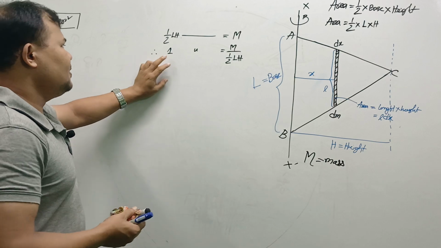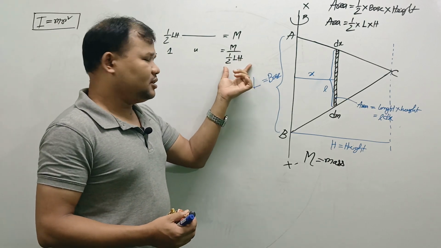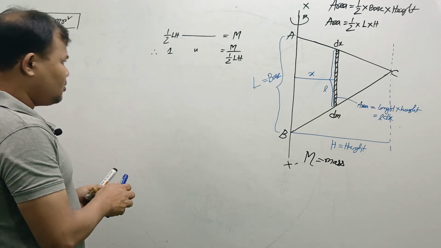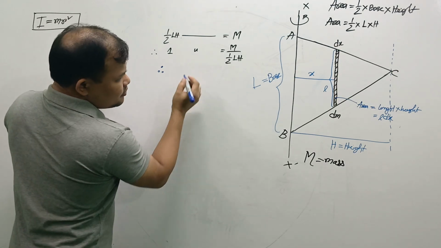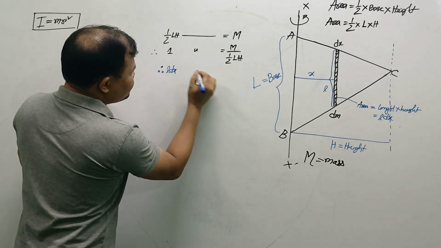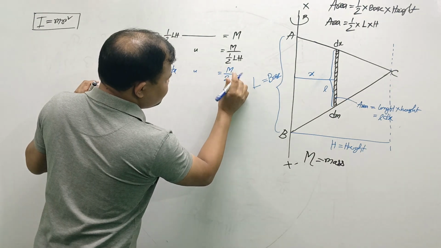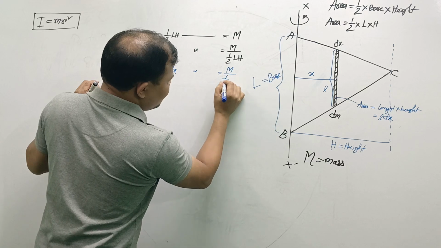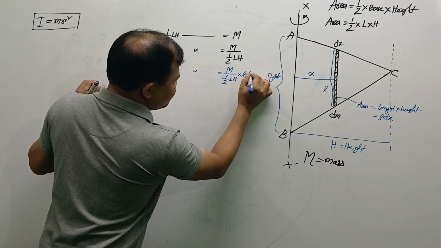As we know, for per unit area the total mass of the object will be M divided by half L S, and in case of L dx the total mass will be M divided by half LS into L dx.